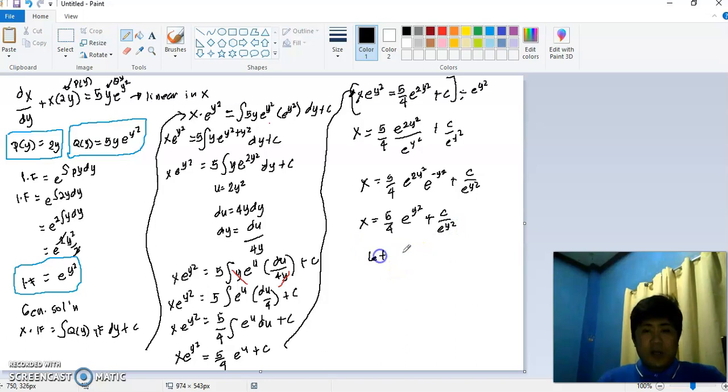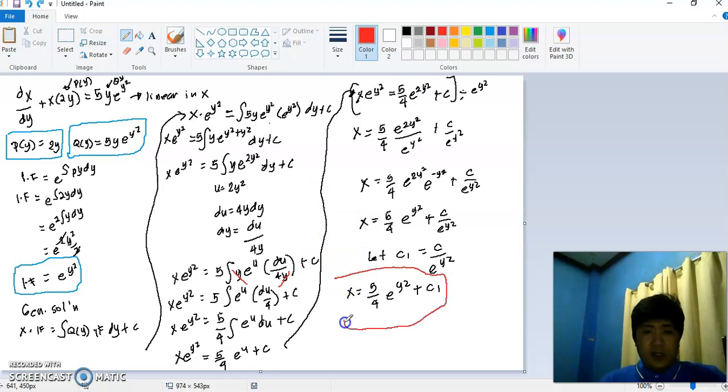So let c sub 1 be equal to c over e to the y squared. Therefore your x will be equal to 5 over 4 e to the y squared plus c sub 1. So this is our general solution.